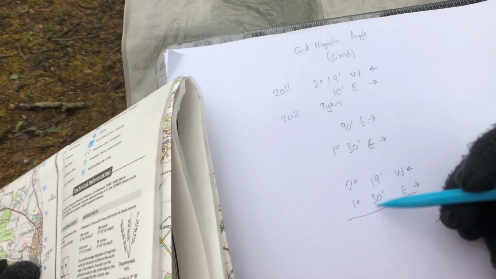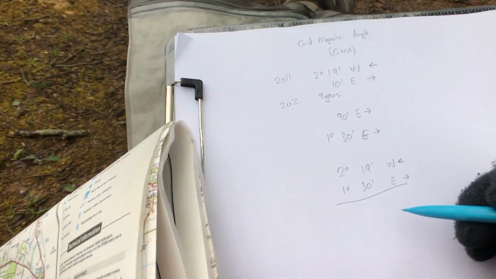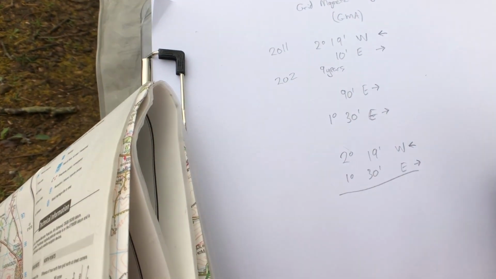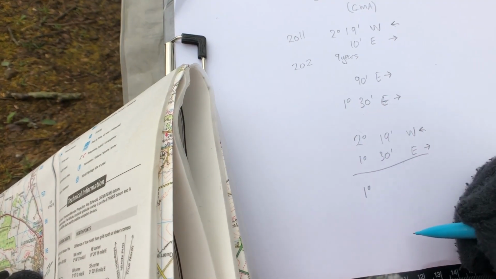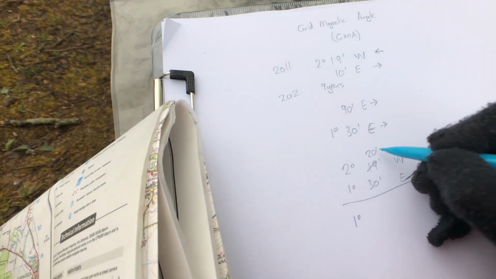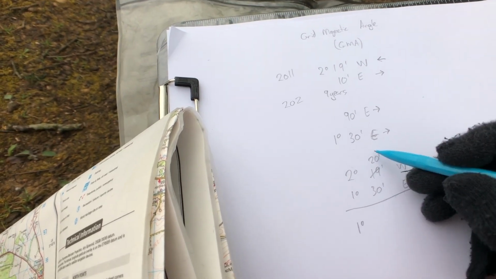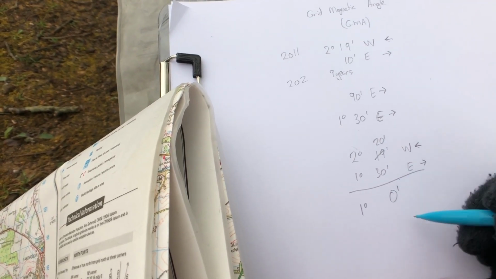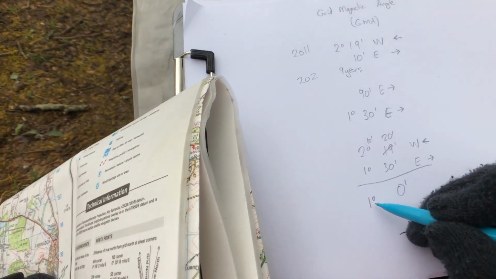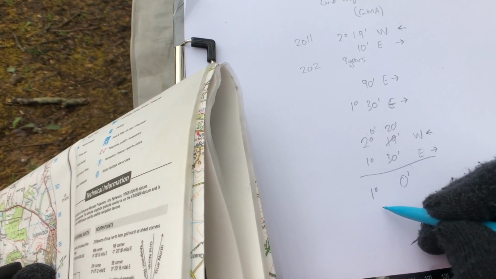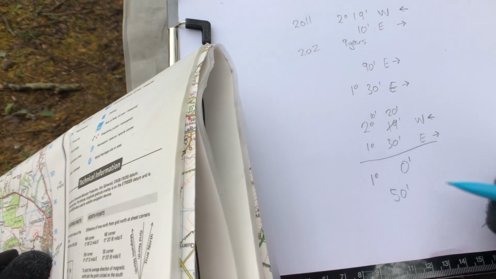I find it easier if I do the degrees first before going on to the minutes. So 2 degrees subtract 1 degree gives me 1 degree. Let's round this up to 20 minutes. 30 from 20 brings that down to 0 minutes, but I then need to carry over my 10 minutes. 10 minutes subtracted from 1 degree gives us 50 minutes.